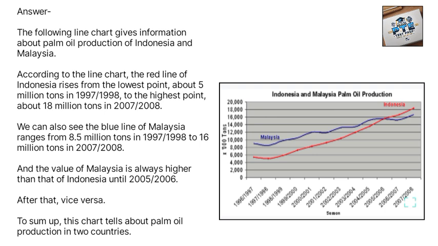We can also see the blue line of Malaysia ranges from 8.5 million tons in 1997 to 1998 to 16 million tons in 2007 to 2008. And the value of Malaysia is always higher than that of Indonesia until 2005 to 2006. After that, vice versa. To sum up, this chart tells about palm oil production in two countries.